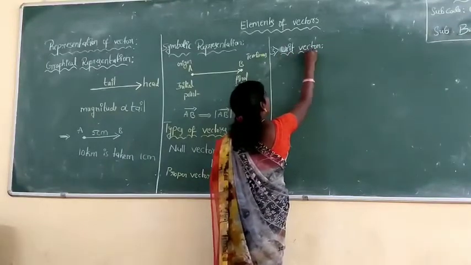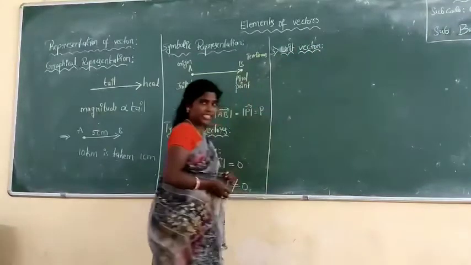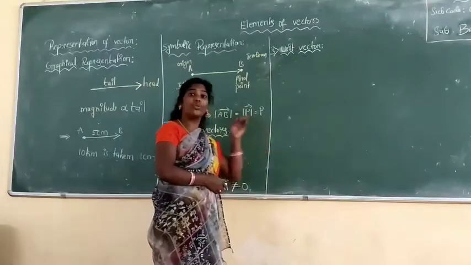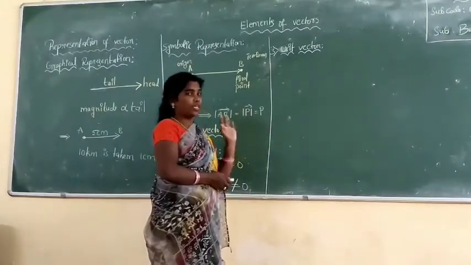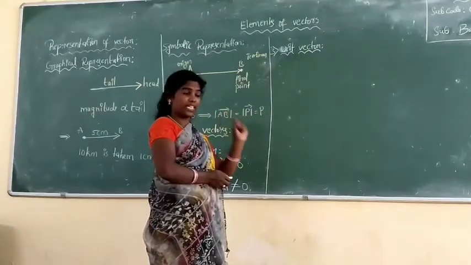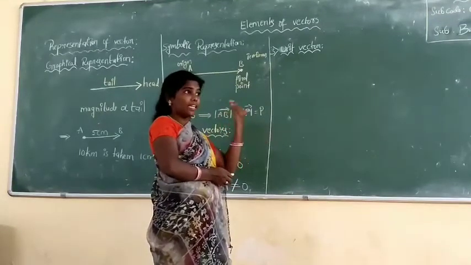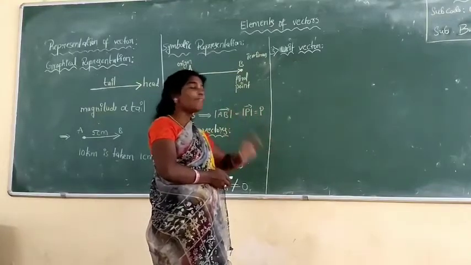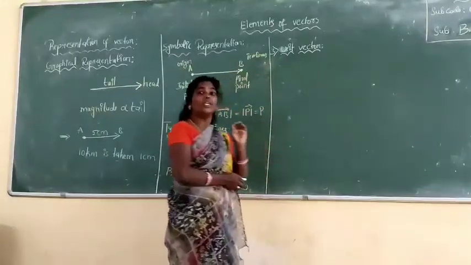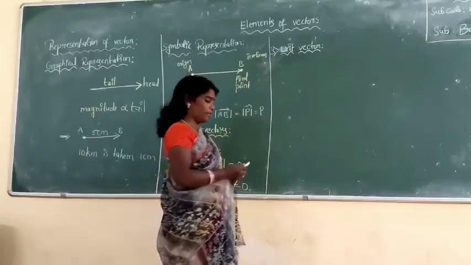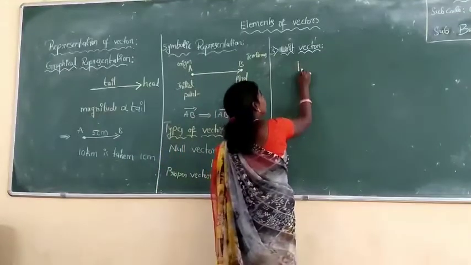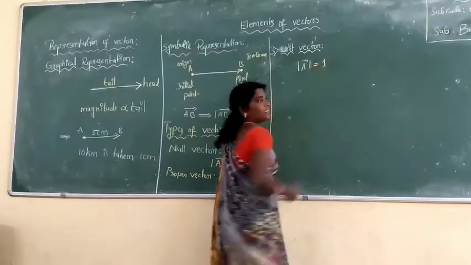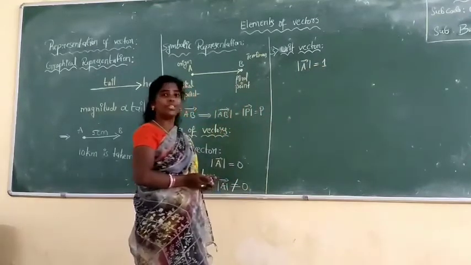Unit means unity. The vector whose magnitude is unity, that is equal to 1, is called a unit vector.